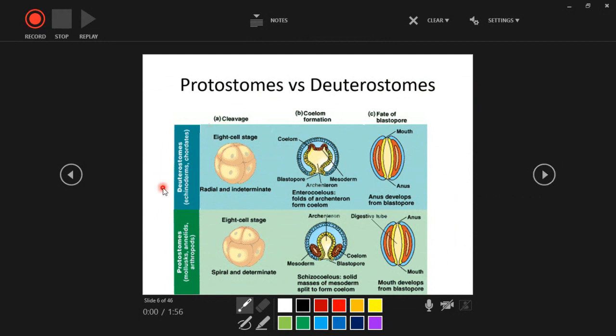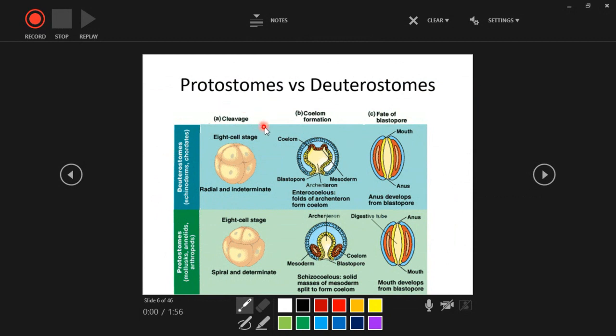I'm pretty sure you guys covered this already. The lineages are actually distinguished by the type of early cleavage, like cell division, and the fate of the blastopore. In the deuterostomes, we have echinoderms and chordates.